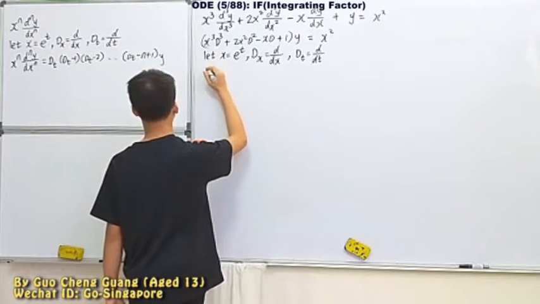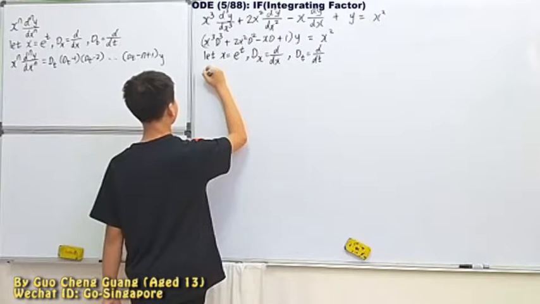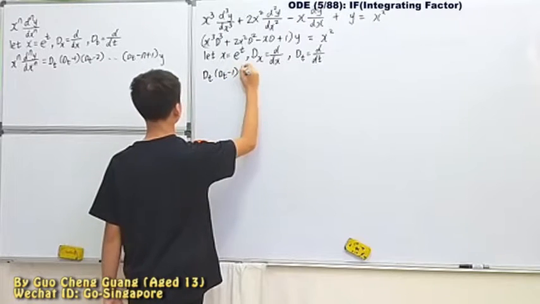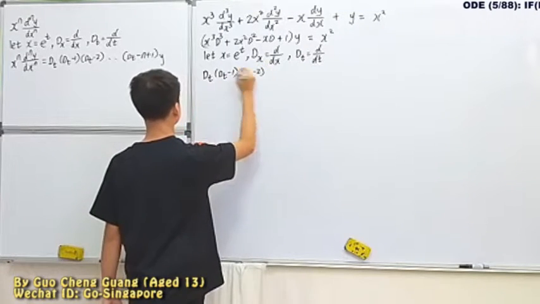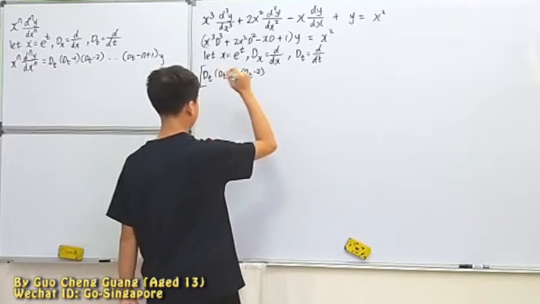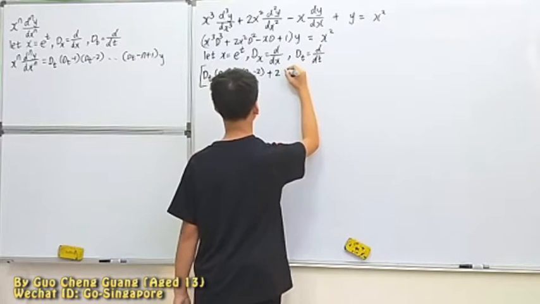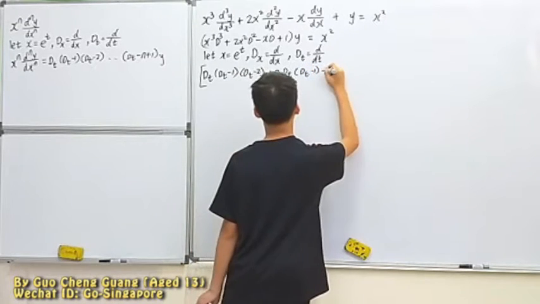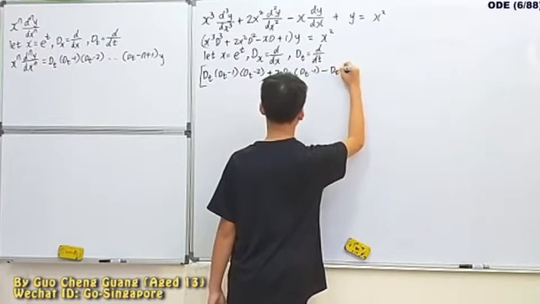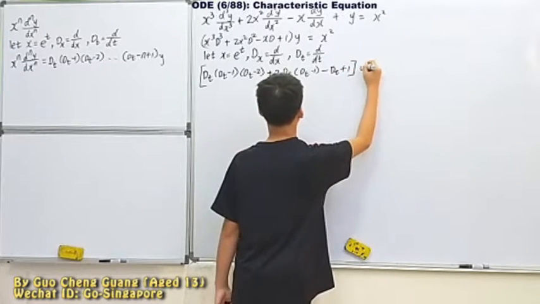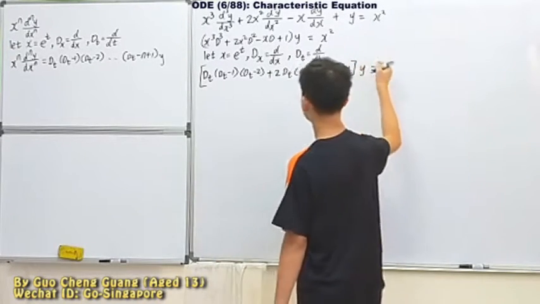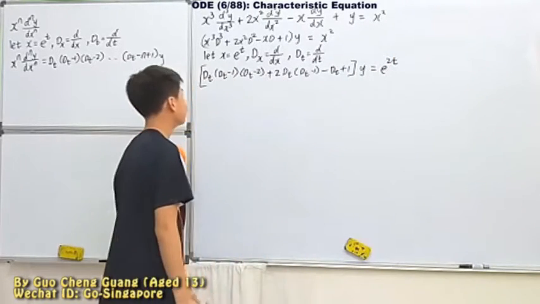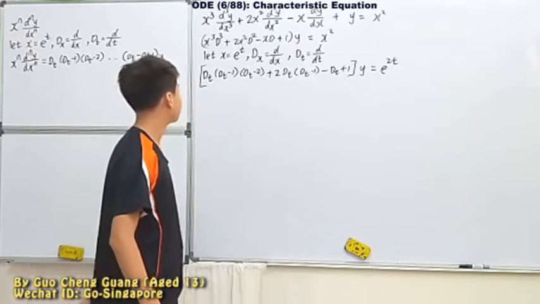For the first term we're going to have D, minus 1, D minus 2. Then for the second part will be 2 D minus 1. Then you subtract D, then add 1. And then your y, here you also need to change into e to the power of 2t. Okay? So this is the part you're having.